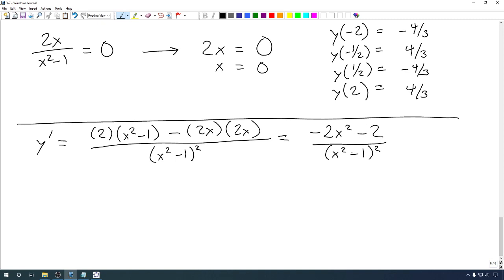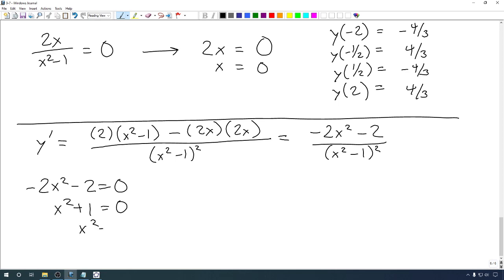Okay, so this is what we have so far. We want to see, first of all, what are the critical points? Where is this thing equal to 0? Where does this thing not exist? Well, if I'm setting this thing equal to 0, I'm really just setting the numerator equal to 0. We can divide this thing by -2.